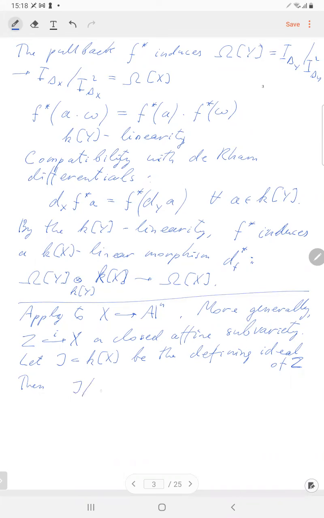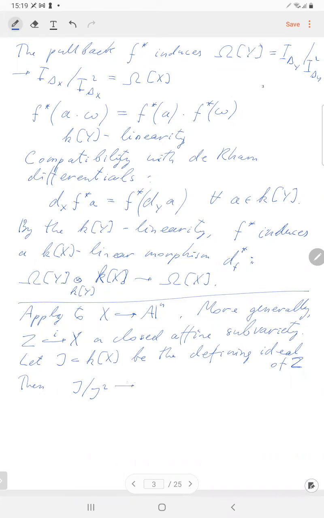So we have the ideal of Z modulo its square. That is somewhat similar to the definition of scalar differentials. If Z was the diagonal in X squared, it would be just the definition of scalar differentials.